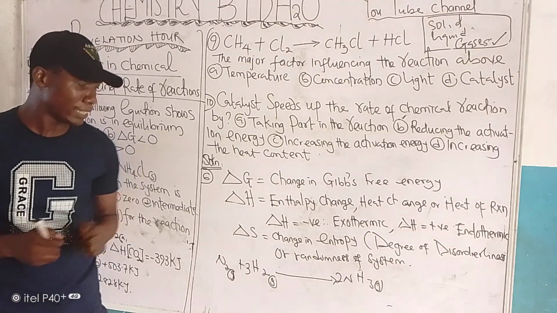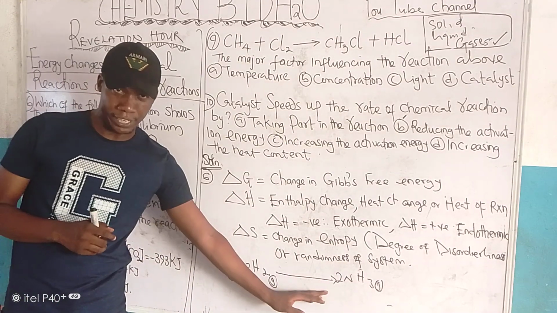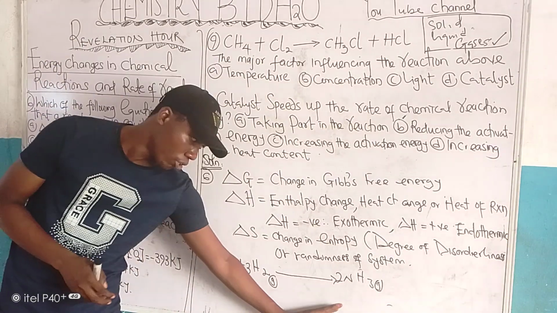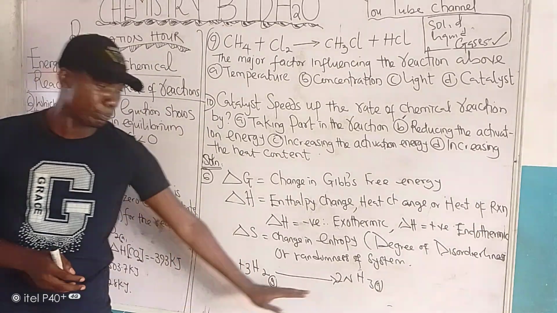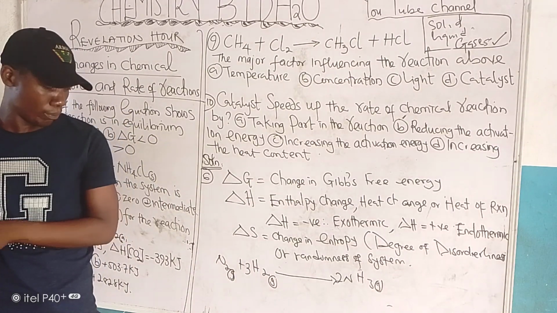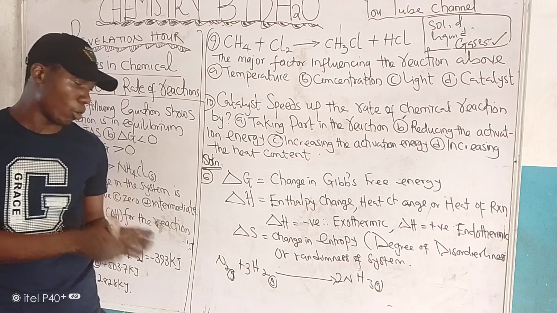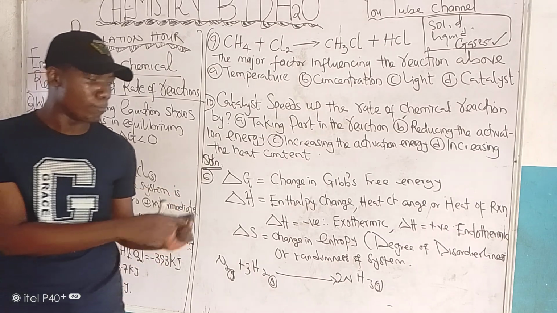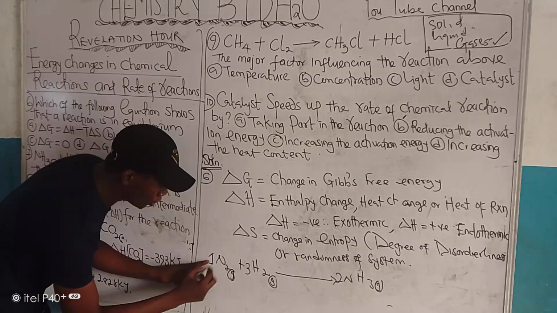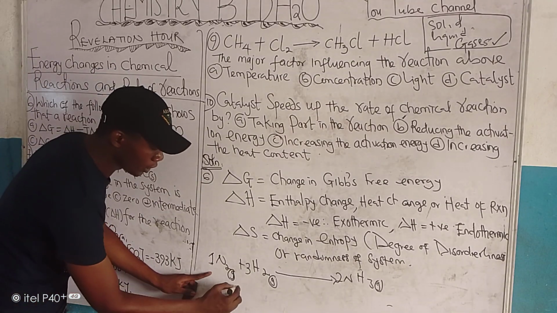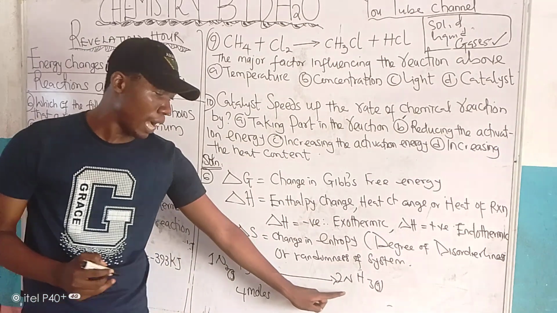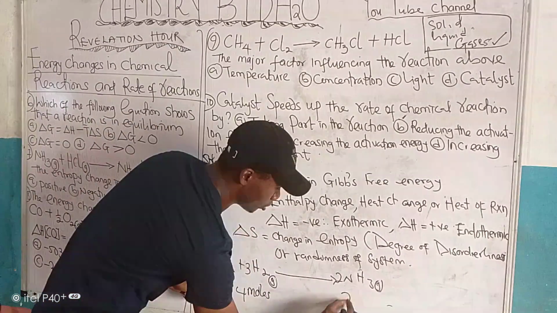Whenever you find out that the state of matter is the same, that the reaction is homogeneous, because this is called a homogeneous reaction, where the reactant and the product are in the same state of matter, what you have to do is simple. Calculate the number of moles on the left hand side and the number of moles on the right hand side. Let's quickly do that. The number of moles of nitrogen here is 1, so 1 plus this 3 will give us 4 moles. But the number of moles of ammonia here is 2 moles.